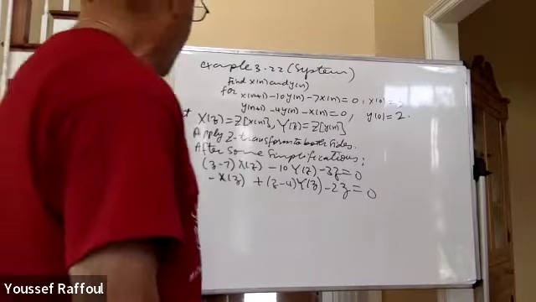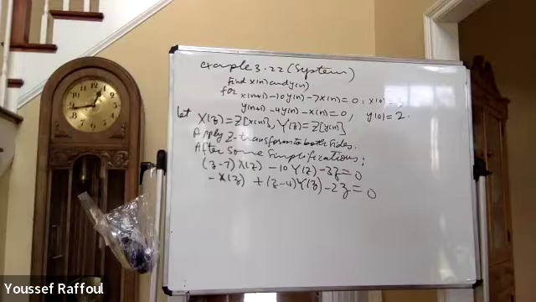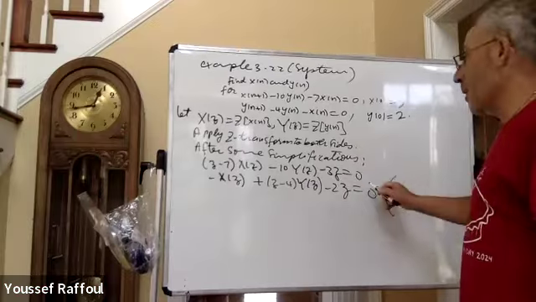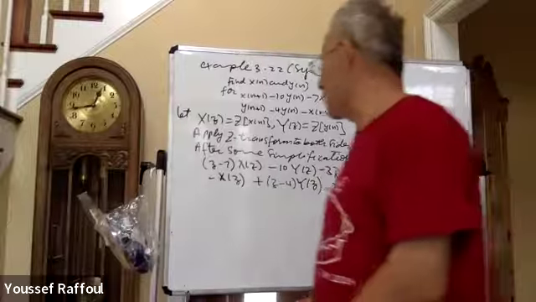So the best way is we need to eliminate one of either Xz or Yz. I think it will be easier to multiply this equation by z minus 7 and then add the equations.